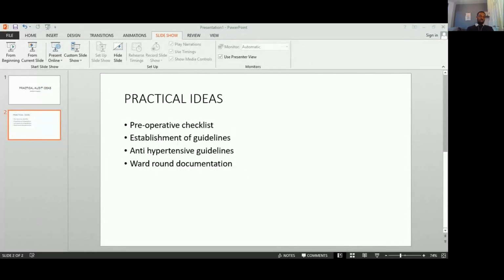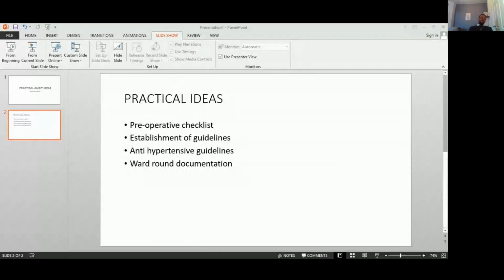But if there was a checklist, for example, as a document or maybe a paper that anyone can just use and take to the patient's bedside and make sure all those things are ticked, then it could potentially make preparing patients for surgery easier for the team.